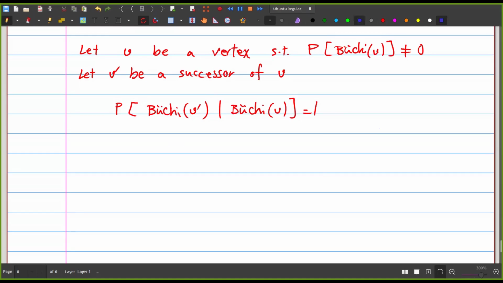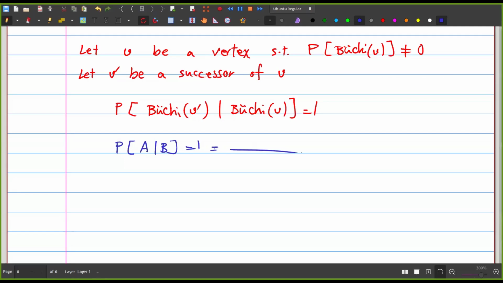Just use the definition. This probability is the probability of the intersection of these two sets divided by the probability of the second one. So just to make it simpler, let me show it like this. Suppose that I have proven that the probability of A conditioned on B is 1. What does that mean?